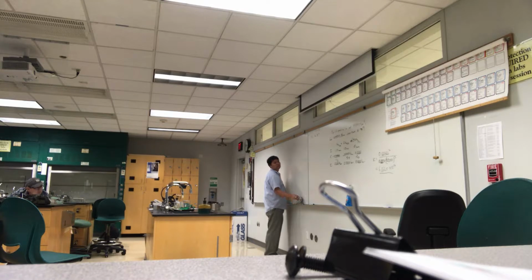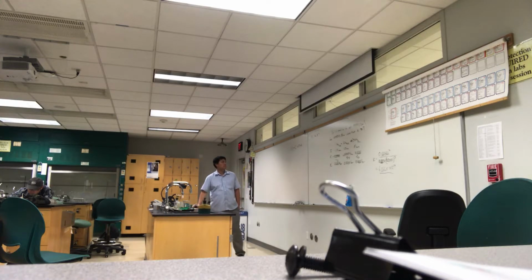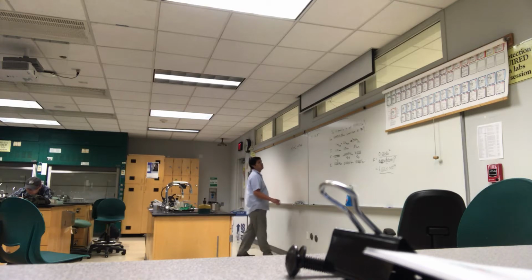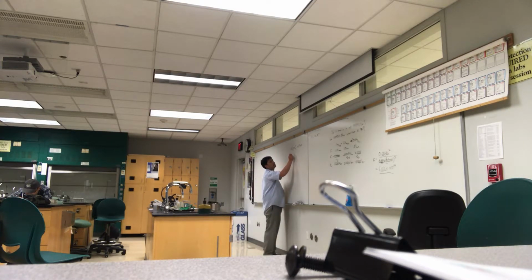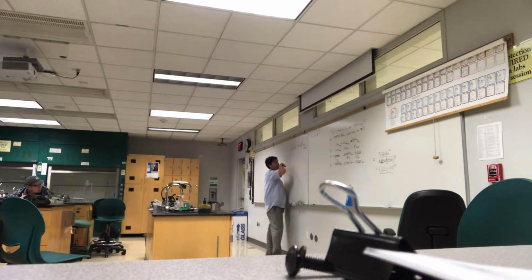I go back through the thermal equations and I see, oh yeah, we have this equation: delta G is equal to delta G naught plus RT ln of Q. This is at temperature T. At equilibrium, we set this equal to 0, which means Q is equal to K.